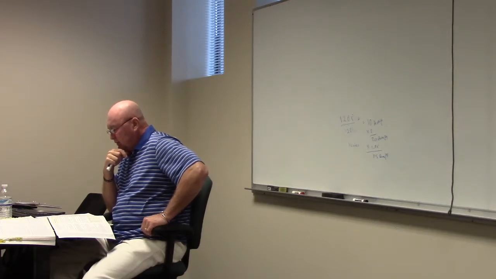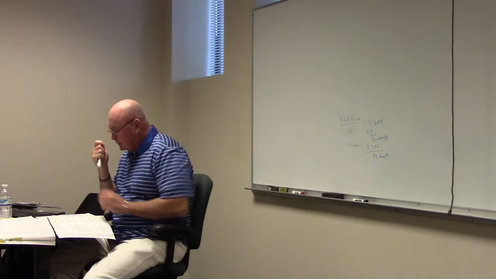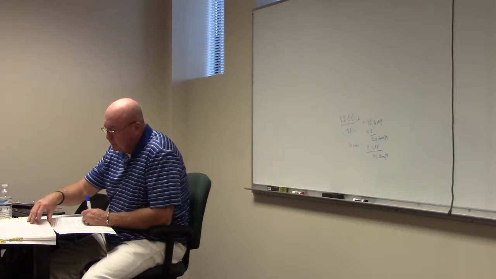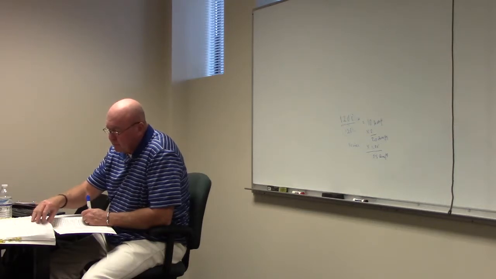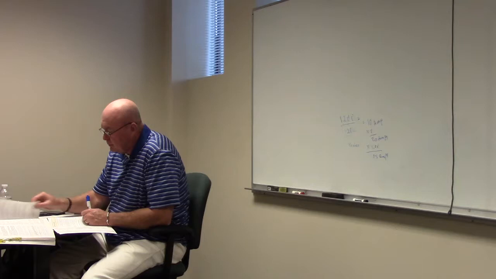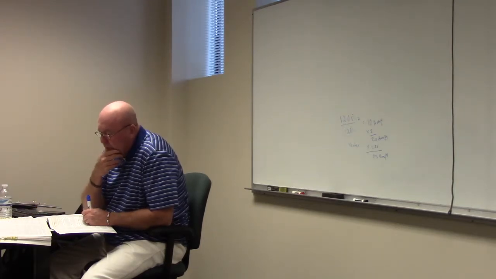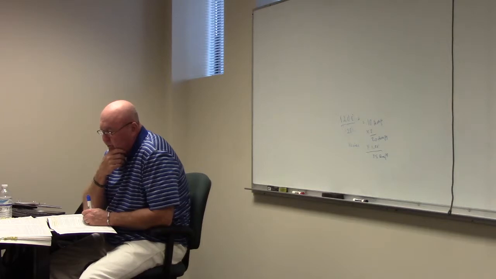Portion of the feeder or service load contributed to general lighting in hotels and motels. Let's go to 220.42. We see that for motels and hotels there's a lighting load demand factor, isn't there? The first 20,000 or less is 50%, from 20,001 to 100,000 is 40%, and the remainder is 30%.